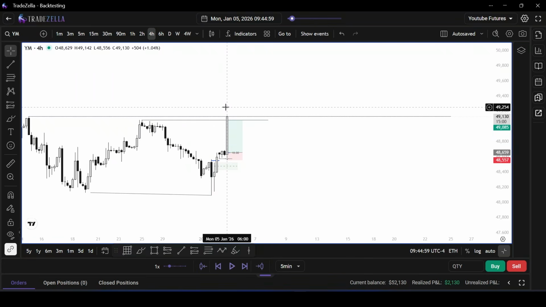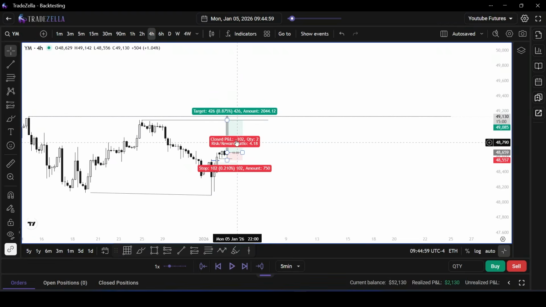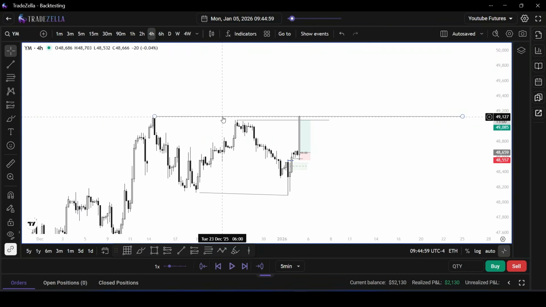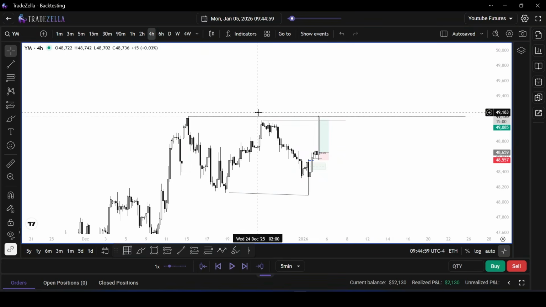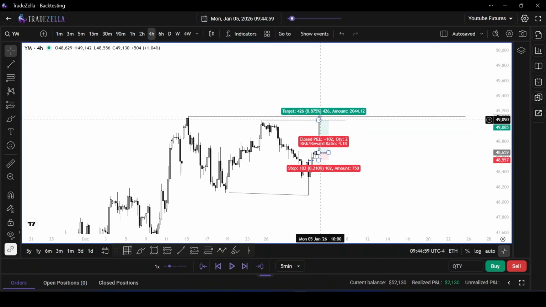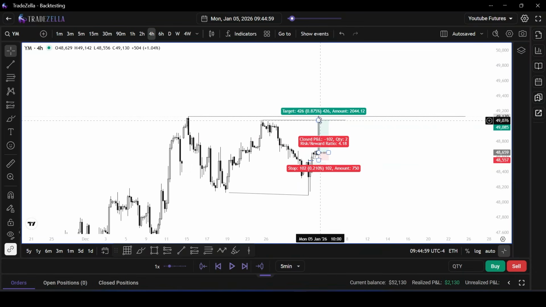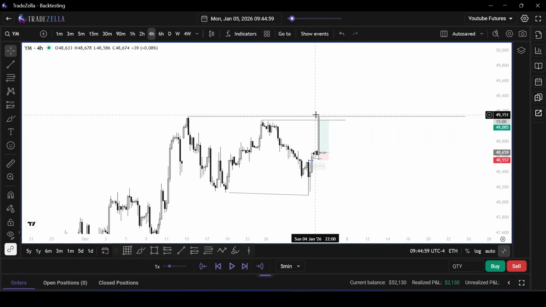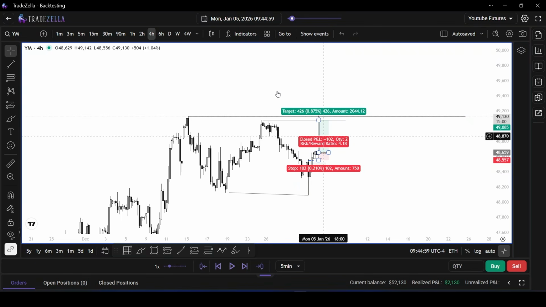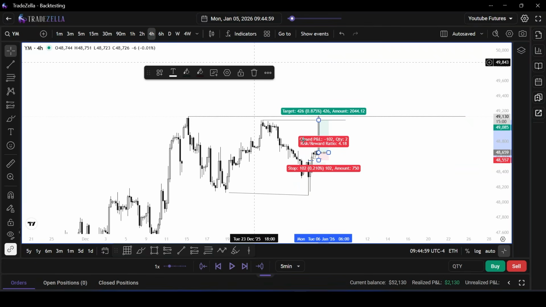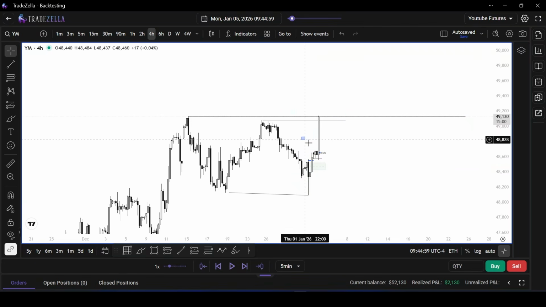We are still trading within the 6 a.m. candle, and that doesn't matter to me now because we have already traded to our draw on liquidity. So whatever price is doing from now, I don't want to take part in that, right? Because I've already achieved what I wanted, which is price trading into this high. So I'm just gonna fast forward to the next day and see what we get.